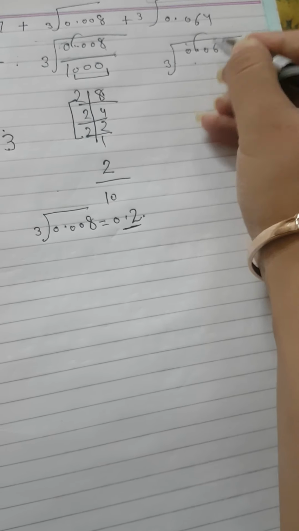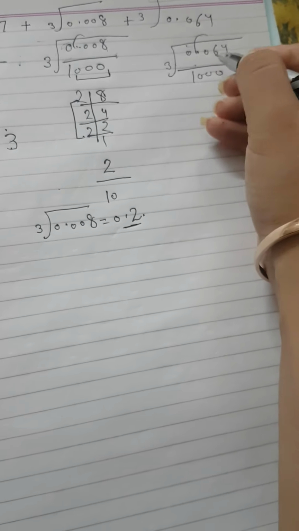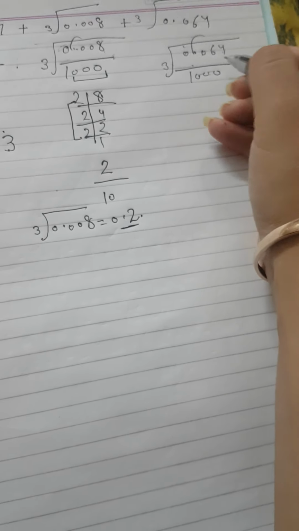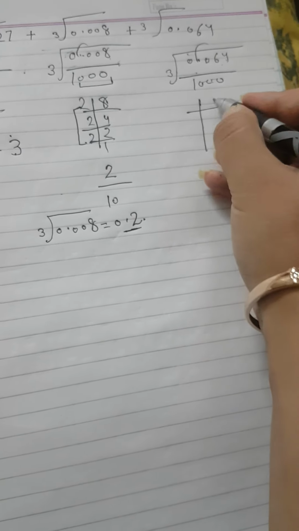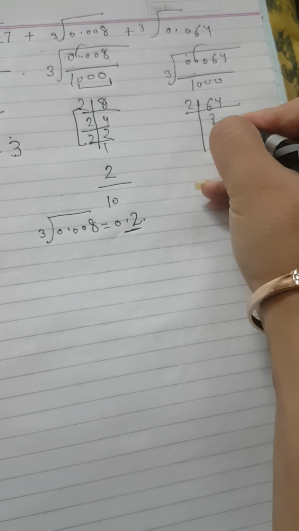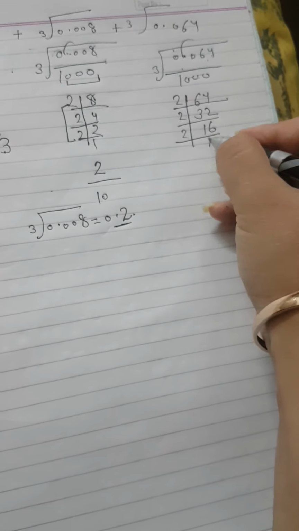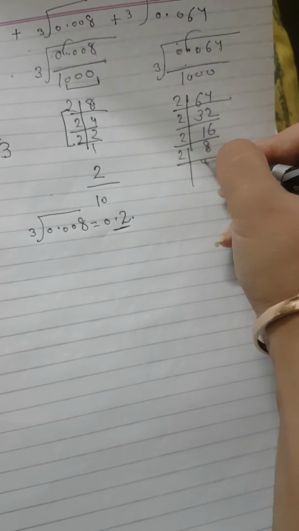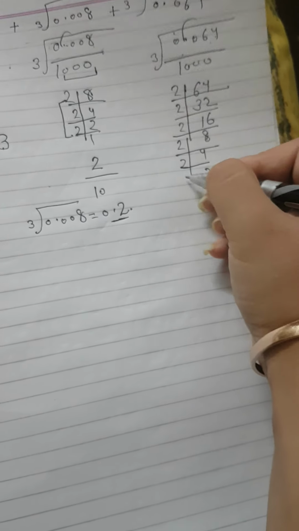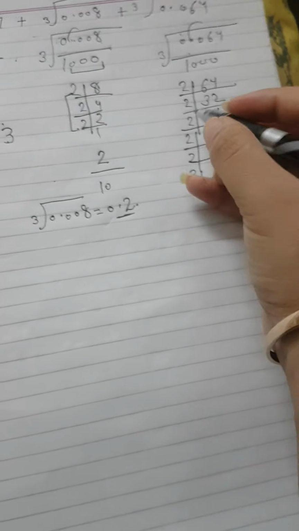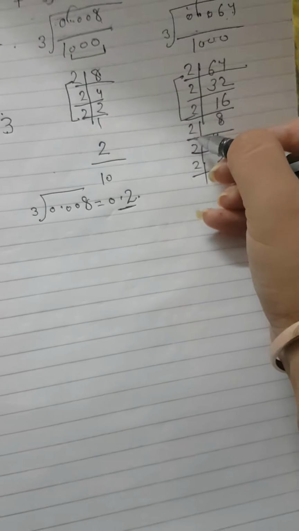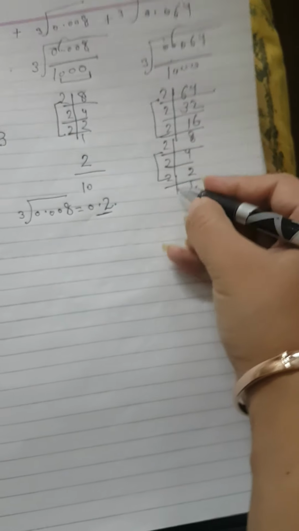Further, cube root of 0.064. So when I'll remove the decimal, I'll get 1000. 1, 2, 3. So 3 zeros. 64. 64. 2 3s are 6, 2. 16. 8. 2 4s are 8. 2 2s are 4 and 2 1s are 2. So now I am having 2 pairs of 2.